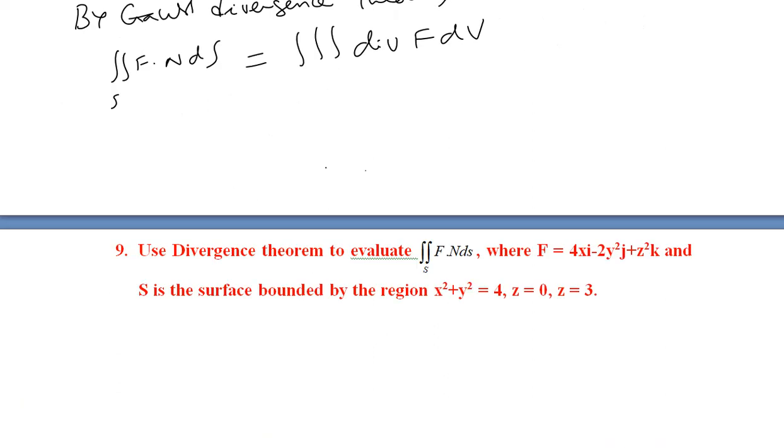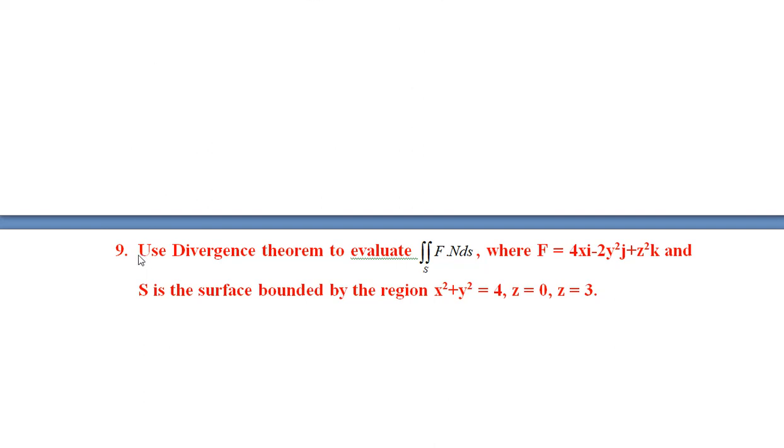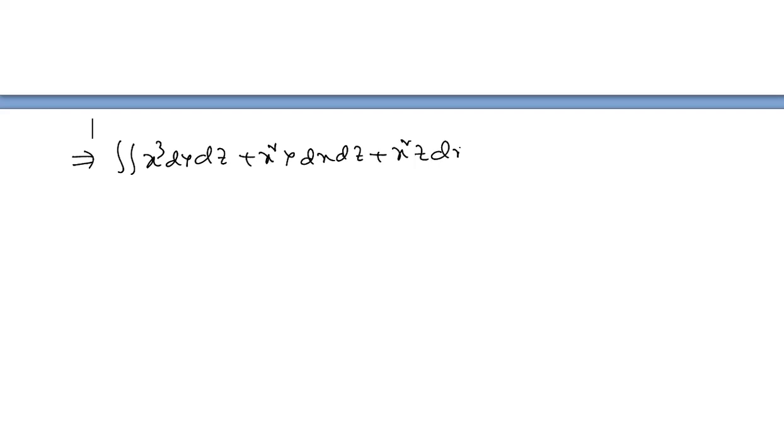Now the left hand side is the double integral of the given problem, x cube dy dz, x square y dx dz, x square z dx dy, equals the triple integral of divergence, which is 5x square, dx dy dz over the volume V.